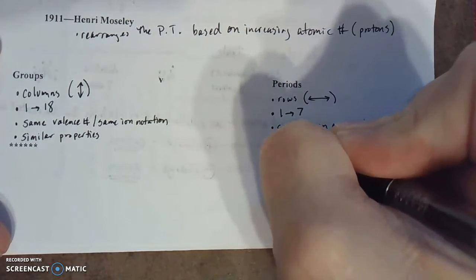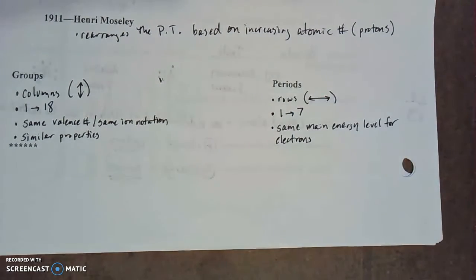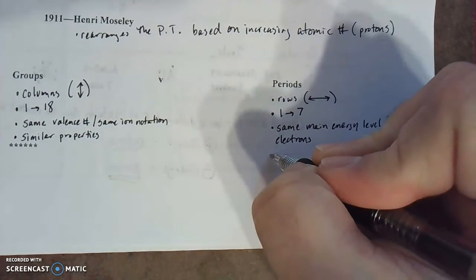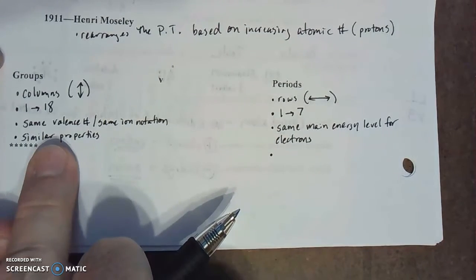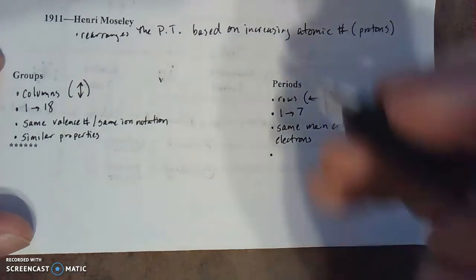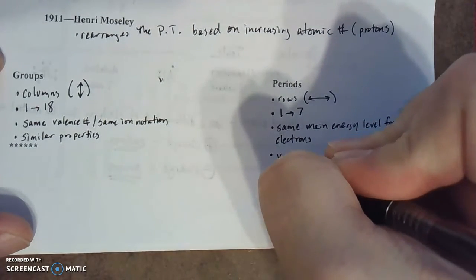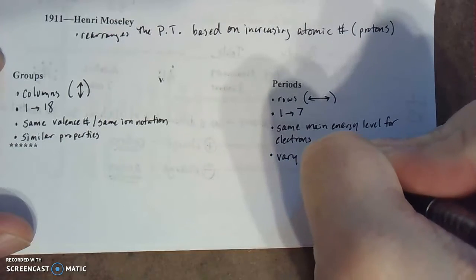So if you remember, we talked about electrons filling up the electron cloud in energy levels. Well, everything in a period has electrons in the same last main energy level. So that is one way that we can talk about these also. But that doesn't mean that they have similar properties like over here. These can vary widely, so vary in properties.